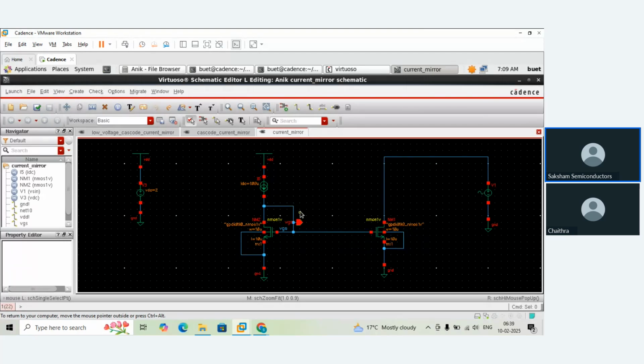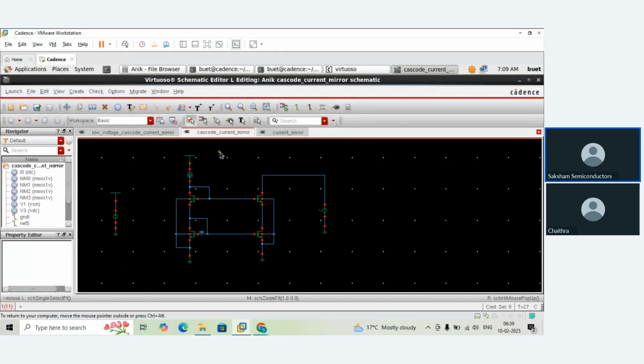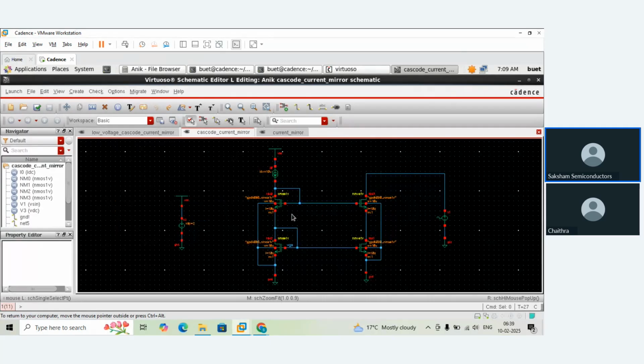Then we moved into the next level of current mirror, which is the cascode current mirror, wherein we stacked the transistors one above the other, something like this. This had an extra advantage: we were able to see more output resistance with the same topology by just adding additional MOSFETs.